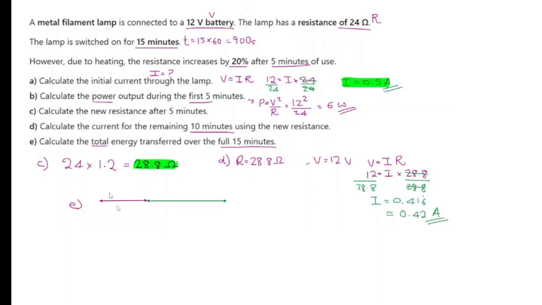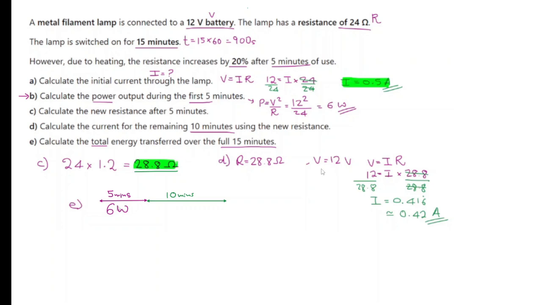So here you can see the first 5 minutes. And in that time, we know the power because part B did exactly that. The power during the first 5 minutes is 6 watts. Then for the second part, for the second 10 minutes, we know the new resistance is 28.8 from here.